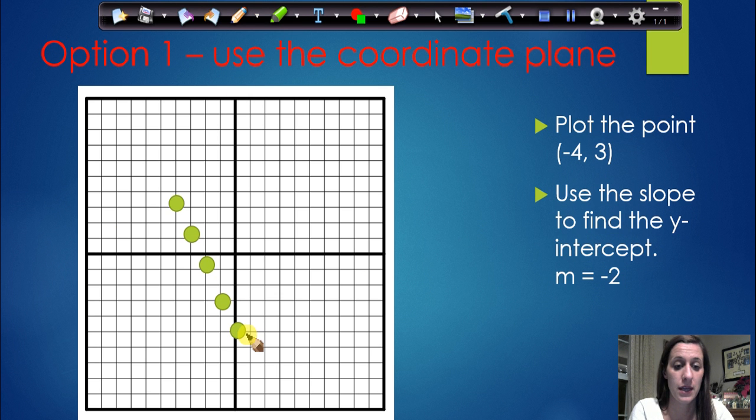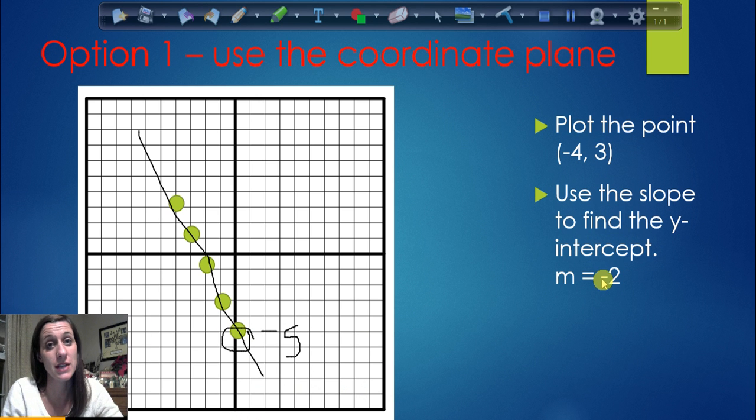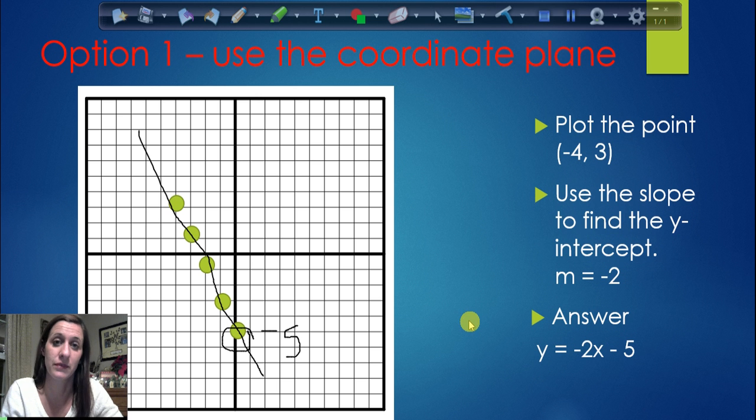So this would be my line, and that is where my line crosses the y-axis, which is at -5. And so now you know the slope is -2, and we now know that the y-intercept is -5, and so you can write your answer, which would be y equals -2x minus 5. So that's your first option, is to use a coordinate plane.